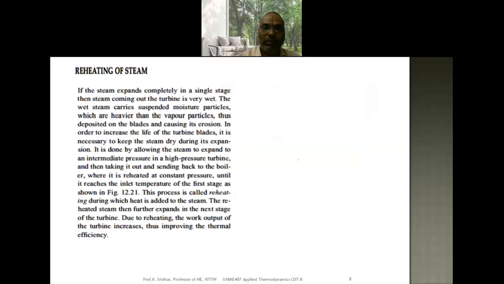So the next important topic is, what are the advantages of the reheating of the steam, whether it is desirable or not. That is very important. So let us see first of all why we have to do reheating of the steam. Just go through this particular important sentence. If the steam expands completely in a single stage, then the steam coming out of the turbine is very wet.